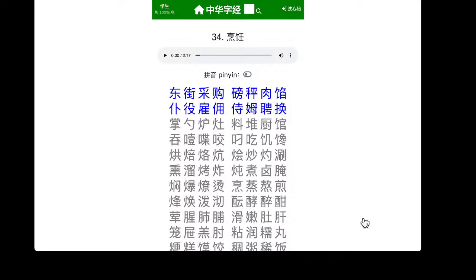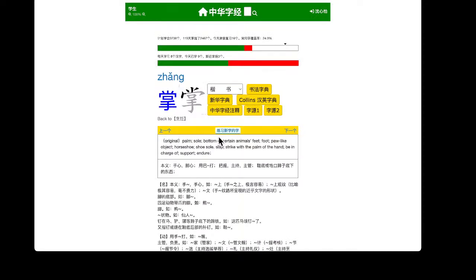Okay, everyone. So let's start today's lesson. Today we're going to continue our cooking unit. Today's first character is 掌. 掌 means palm.